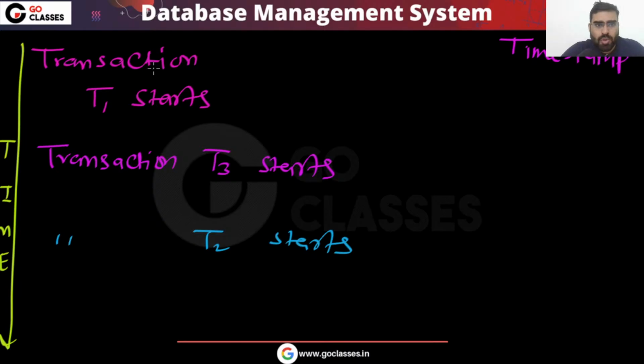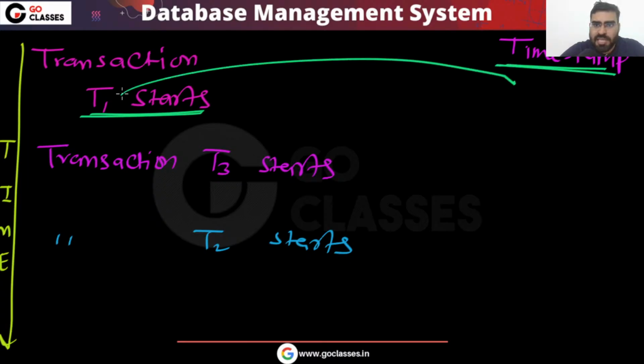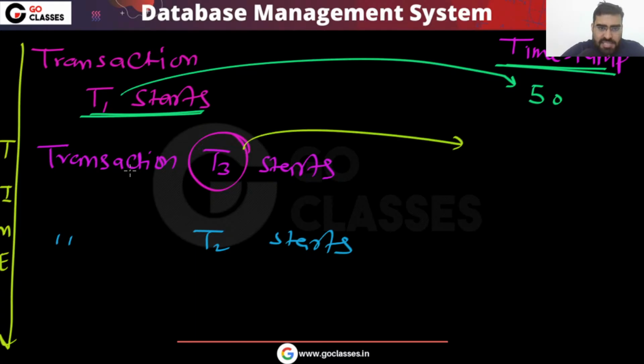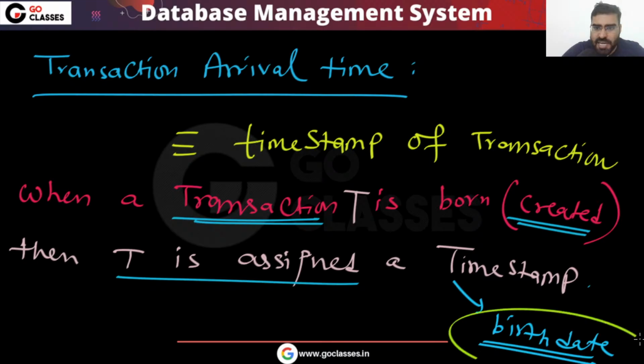Because transaction T1 is starting first, it will have some timestamp, maybe 50. T3 will have some timestamp, of course more because timestamp always increases, like birth date always increases. If you are born today and someone is born after 1 year, the birth date will be more.